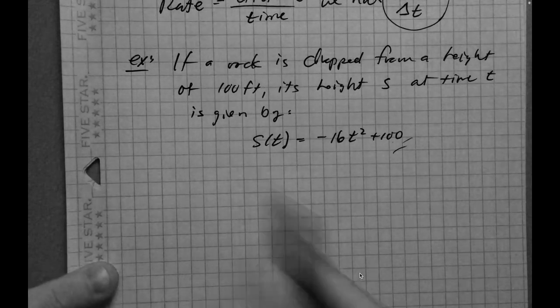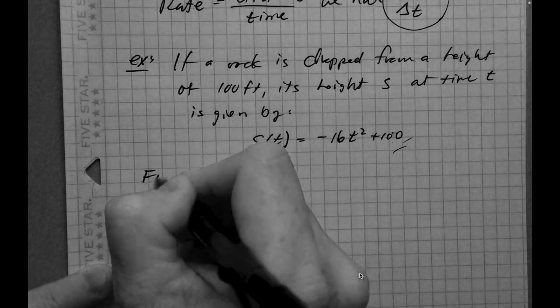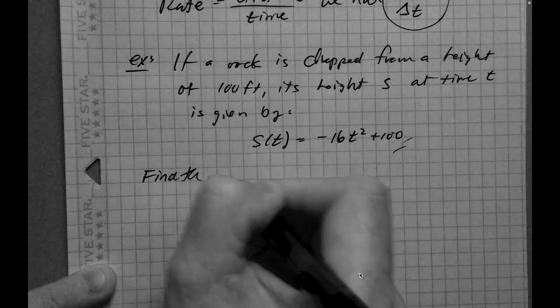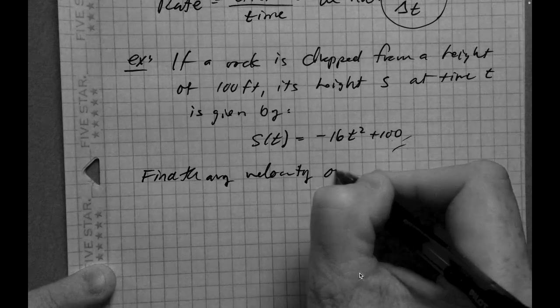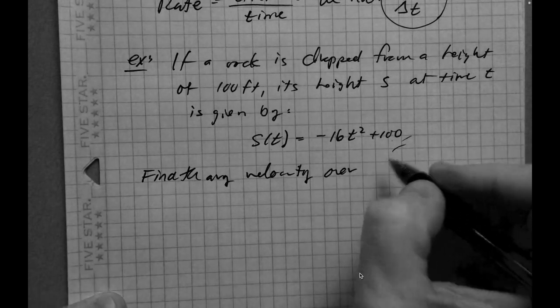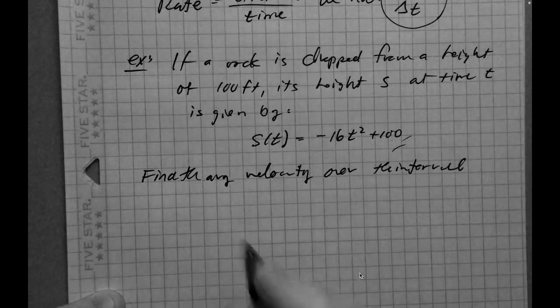Let's find the average velocity over a couple of intervals. We'll start with one interval: between 1 and 2 seconds.